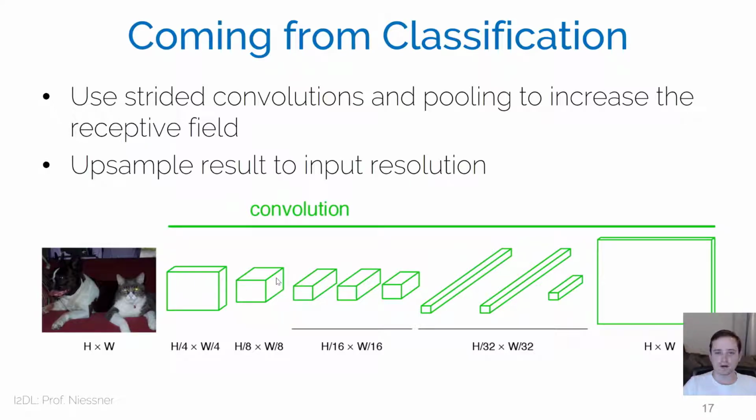And if you have the same architecture in mind as the student in the case study, where we have 2D convolutions and max pooling, taking us down all the way to a 9x9 image in the end with many channels, to get an output that has the same spatial dimension as the input, you can just take this 9x9 tensor that you get here and just use bilinear or nearest neighbor upsampling and bring it up to the same spatial dimension of the input. And this is how you can do your classification for every pixel.